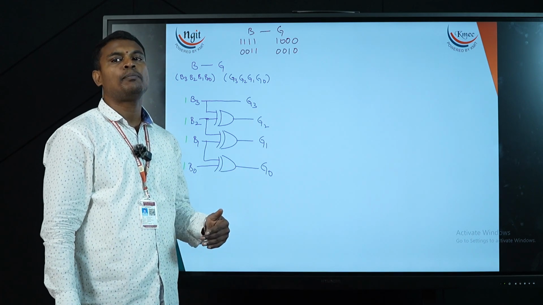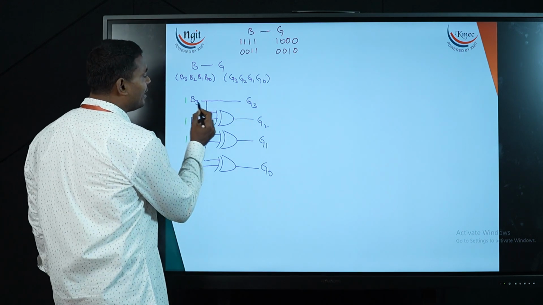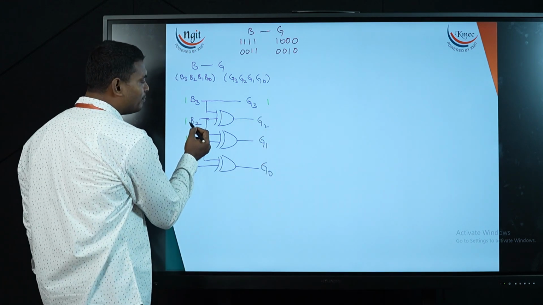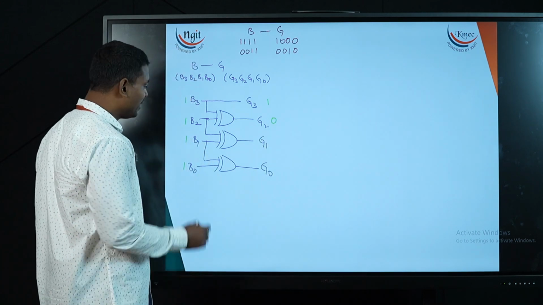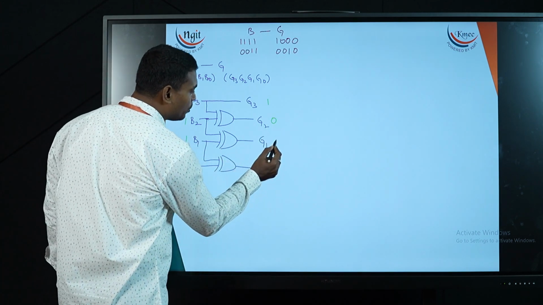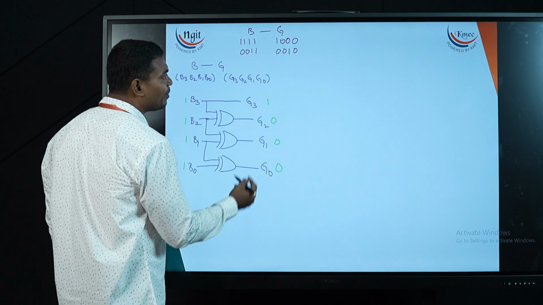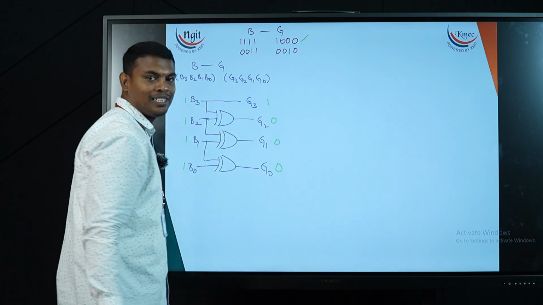When the same inputs are applied, a low output is generated. Now you see 1 is given directly as 1 as output. Now 1 and 1, same inputs for exclusive OR, so my output is going to be 0. Next, 1 and 1, same inputs, output is 0. 1 and 1, same inputs, my output is going to be 0. So my value is 1 0 0 0. So I got my 1 0 0 0 value.